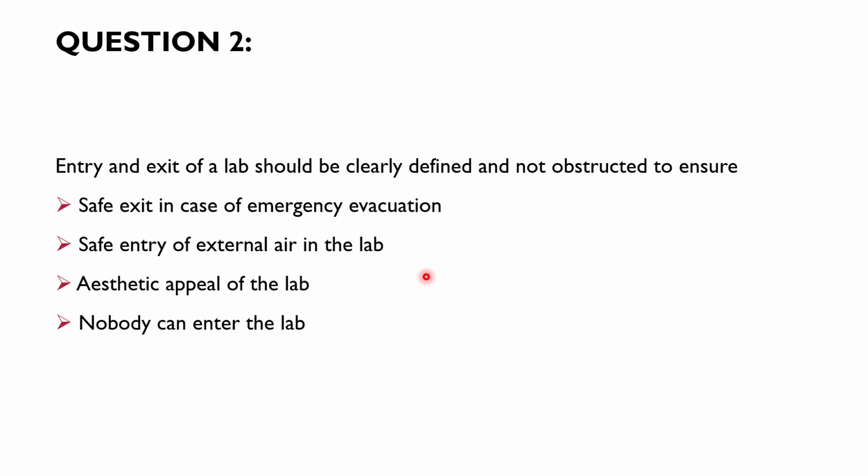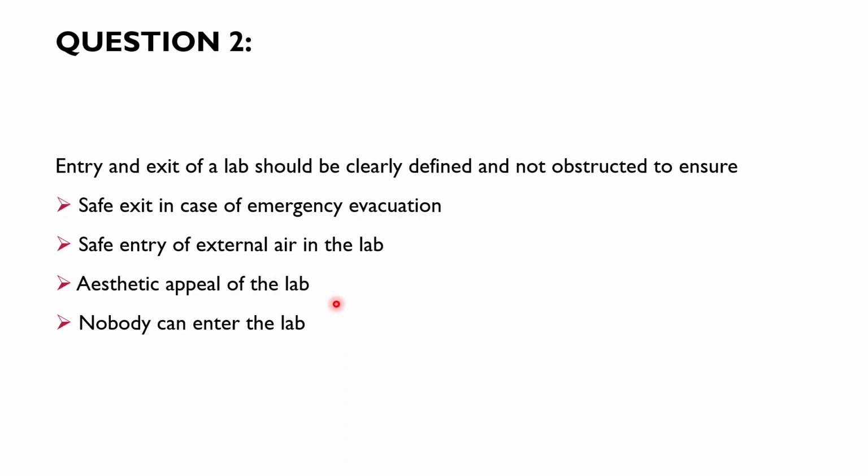The third option is the aesthetic appeal of the lab. Aesthetic appeal basically refers to how your lab looks, how decorated it looks, and all that. The last thing you would consider while designing your lab is the aesthetic appeal. What we need to ensure is that we design our lab in such a way that there is minimum contamination from outside.